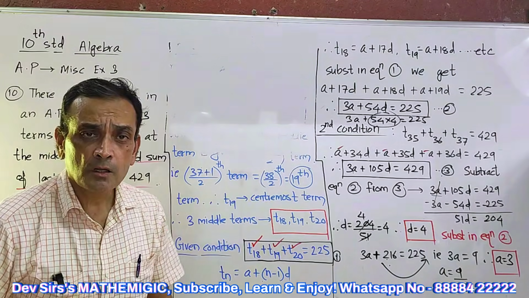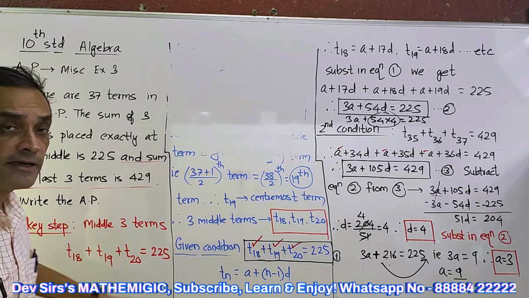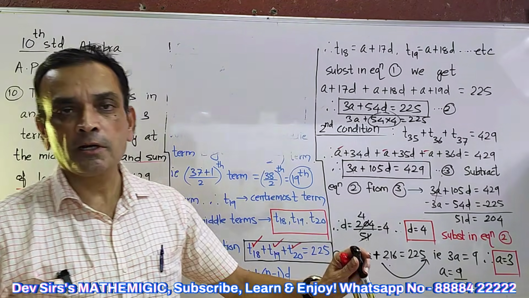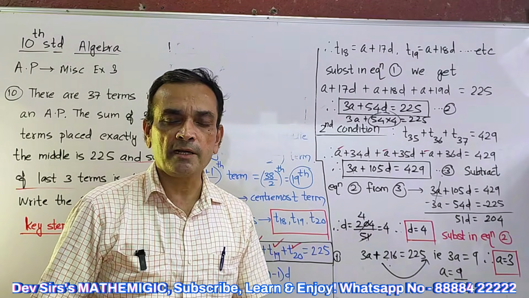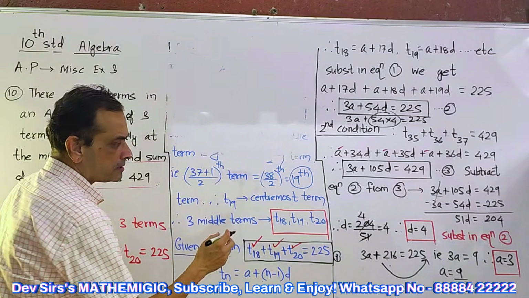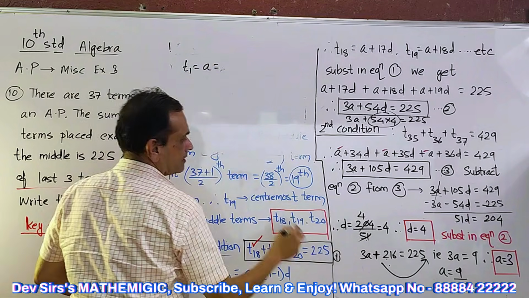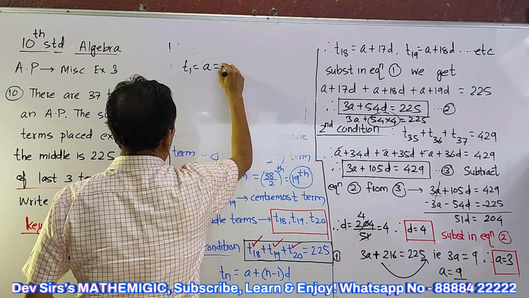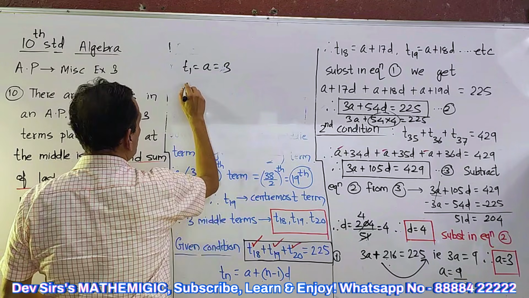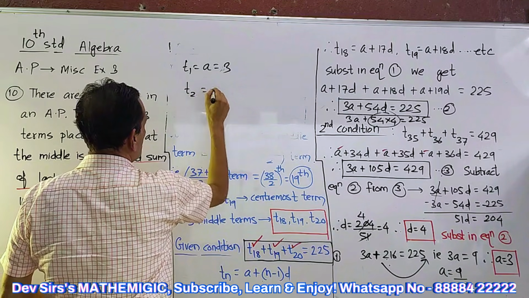Okay. पूछा क्या है? Write the AP. Write the AP means all 37 terms नहीं, 4 terms are enough. 4 to 5 terms. So T1 is 3. T2, you know what to do.